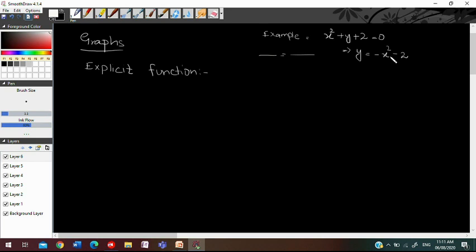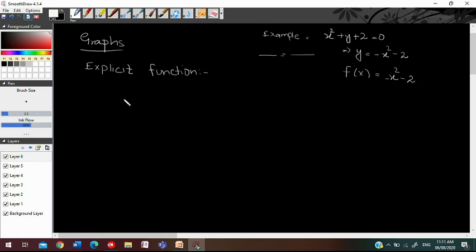Whenever I become able to do such type of separation, I call this equation an explicit equation. And whenever we talk about functions, such type of function is known as an explicit function.